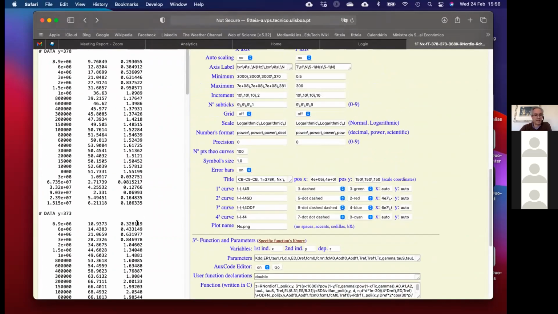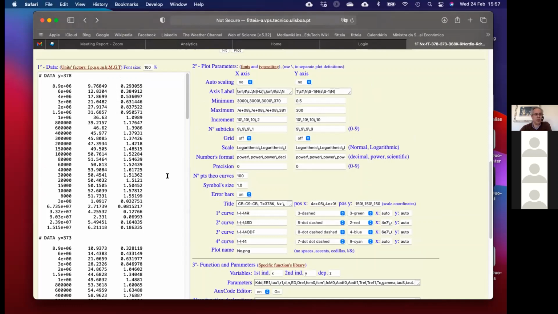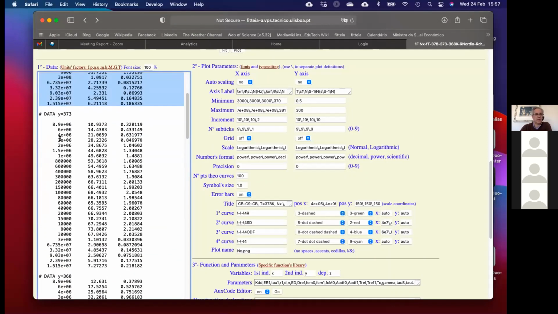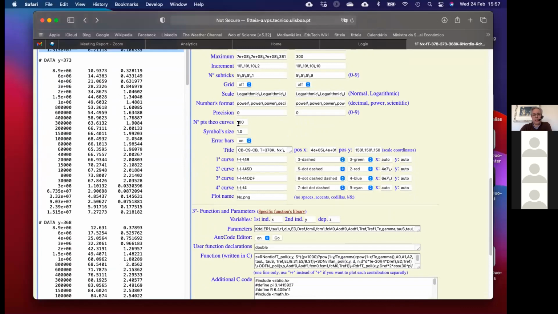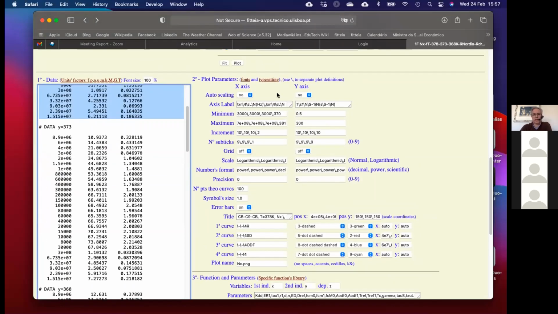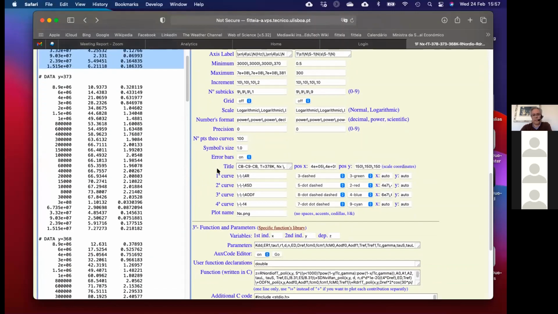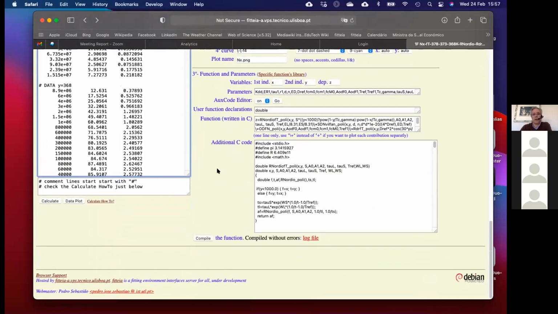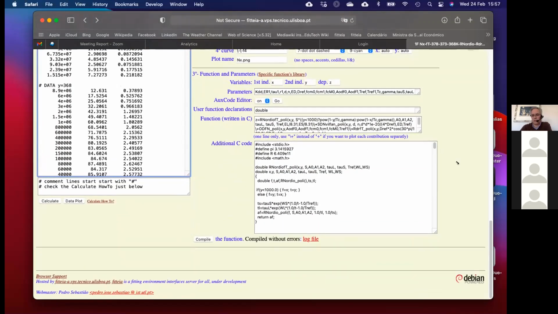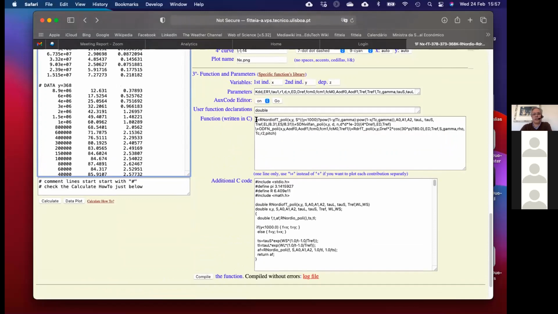And the data itself is included in blocks. Here we have a data block for one temperature, and then after it comes the block for the other temperature. There's a region in this interface where the user sets all the details of the plots, and below is the relaxation model. The relaxation model here is introduced as the relaxation rate given as a sum of contributions.